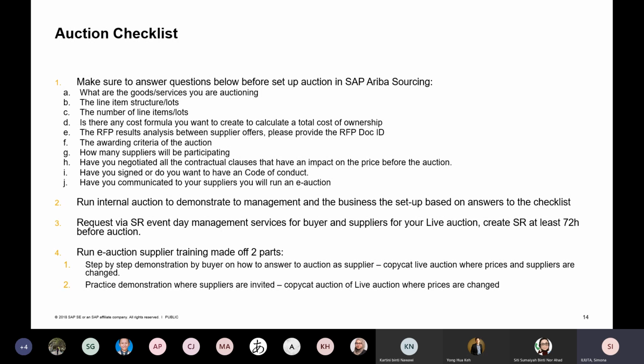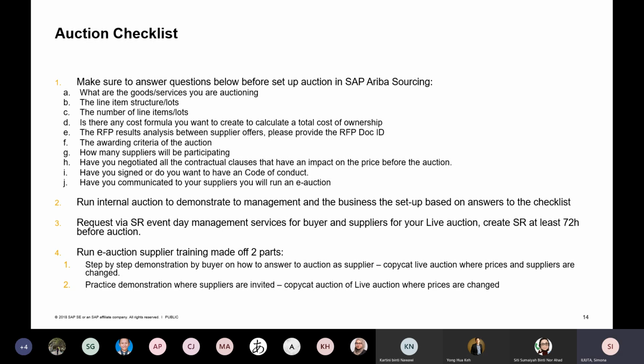In this slide, you see a collection of steps or questions that a buyer needs to ask themselves every time they want to set up an auction in Ariba. This is a reminder of all the elements that you need to take into consideration to run a successful auction.